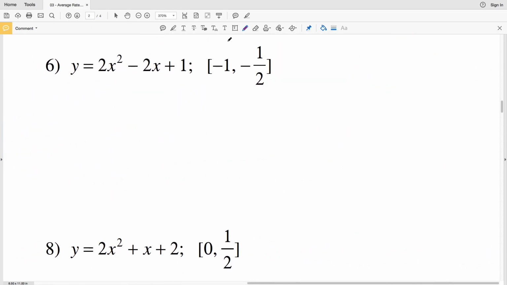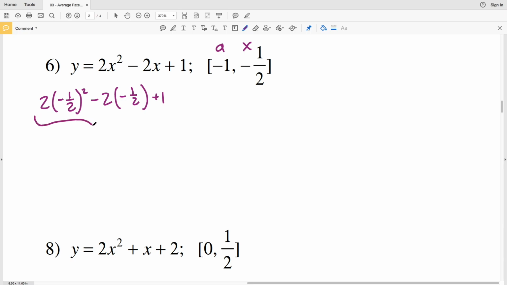In number 6, a is negative 1, x is negative 1/2. So I can calculate f of x, calculate f of a, and then write that all over x minus a, or we'll just do one long equation plugging in everything as we go. So f of x is going to be 2 times negative 1/2 squared minus 2 times negative 1/2 plus 1.